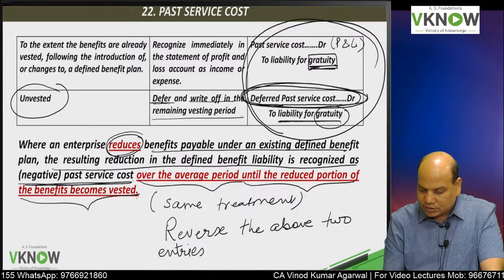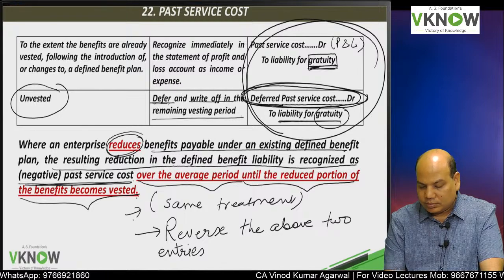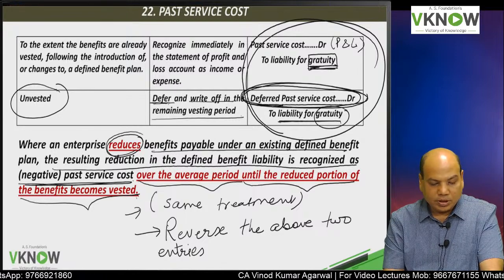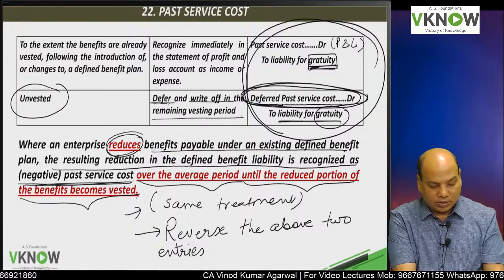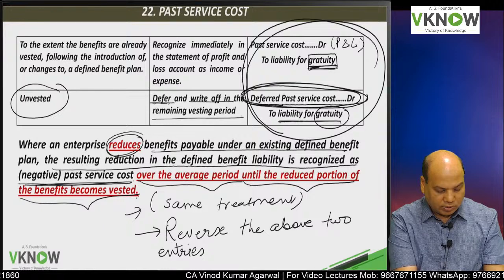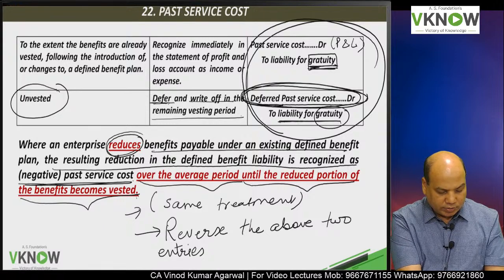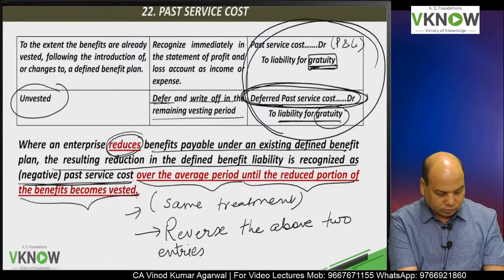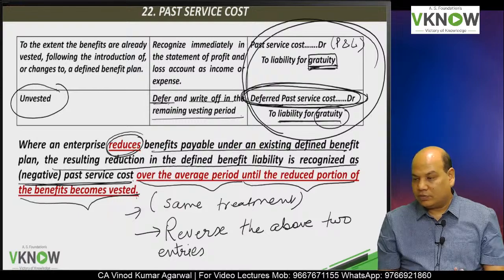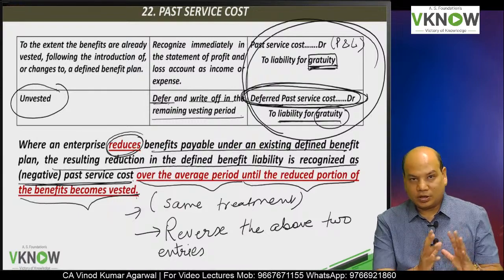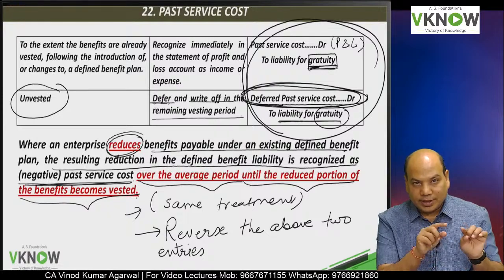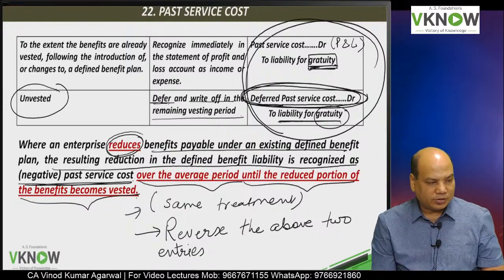In case past service cost is negative, if the benefits have become vested, then pass the entry liability for gratuity account debit to past service cost, and if the liability is not yet vested, pass the entry liability for gratuity debit to deferred past service cost.